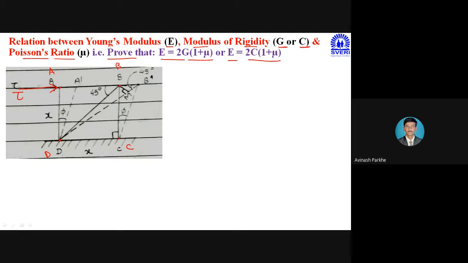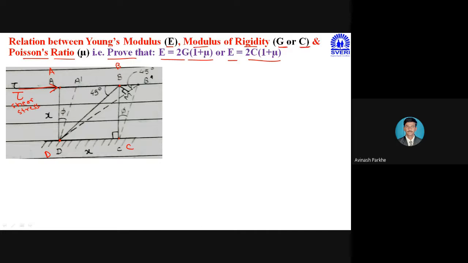Due to that shear force, whatever stress is induced is called shear stress, and it is indicated by tau. This tau represents the shear stress: the shear force is applied, and due to it this tau amount of shear stress is developed. So this block ABCD is subjected to tau amount of shear stress, as shown in the figure.